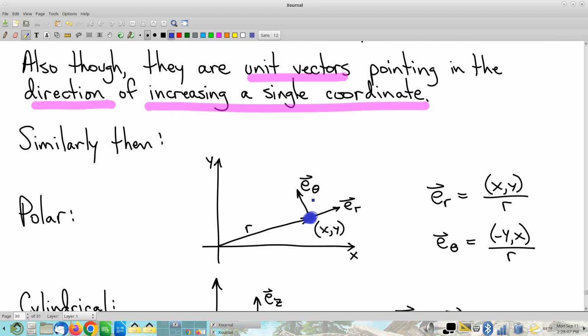Well, I can talk about the direction in which r is increasing and theta is constant. And it's like that. And then I can talk about the direction in which theta is increasing, but r is constant. And that's about like that. And keep in mind, I'm talking about r being constant at that exact point. Obviously, the further you go in that direction, r is not staying constant. I'm just talking, though, about that point specifically.